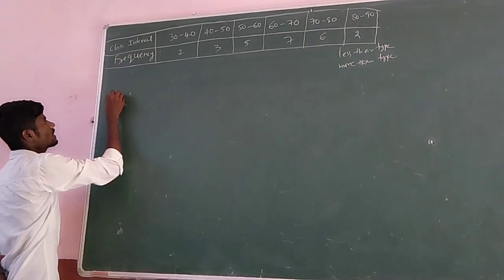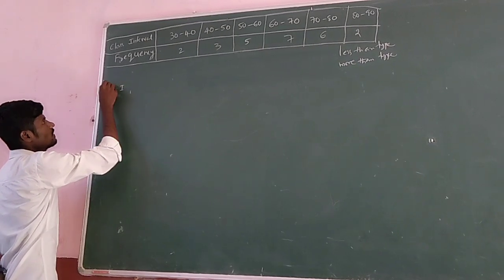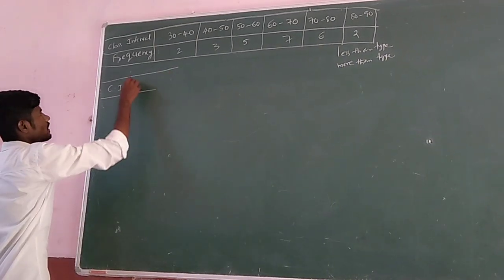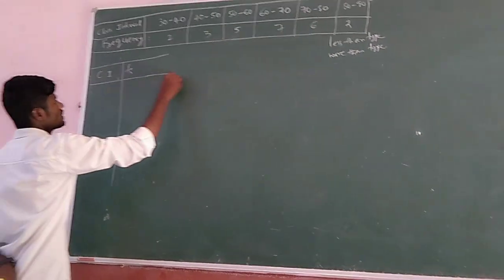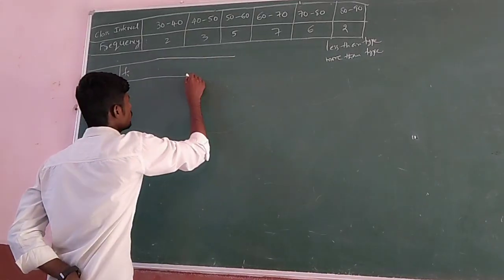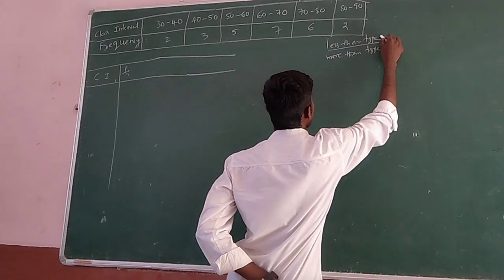First one is the class interval, CI. Next one, frequency, f. Next, suppose we are finding the less than type first.